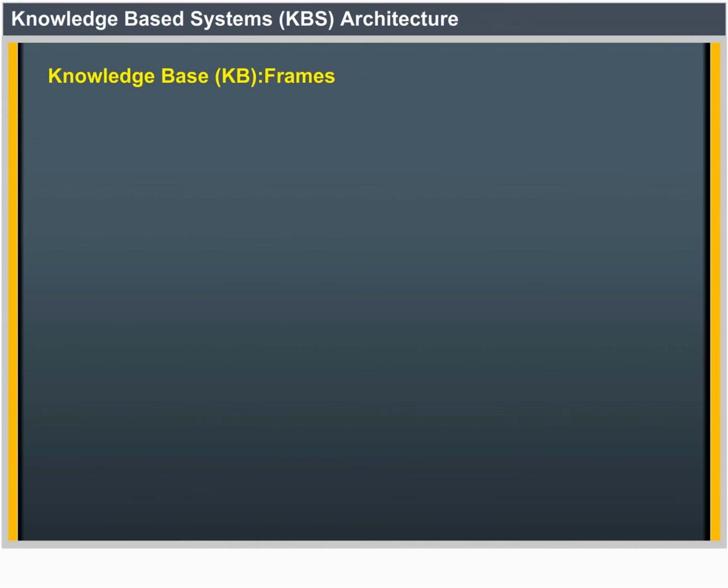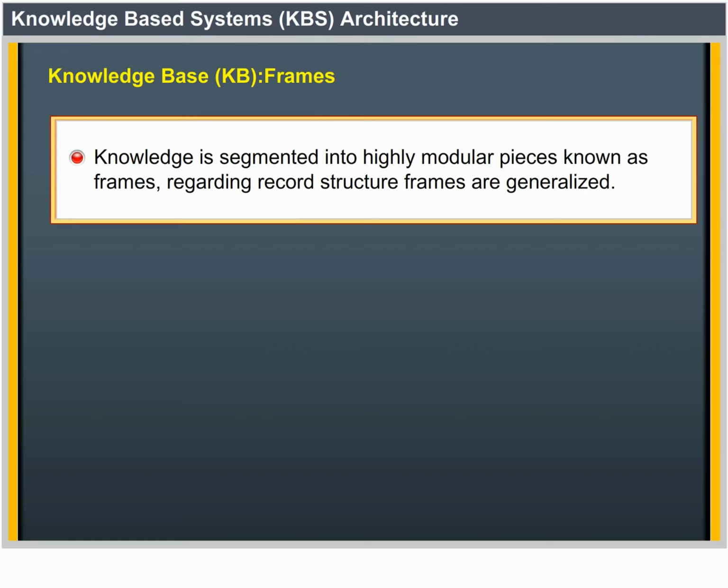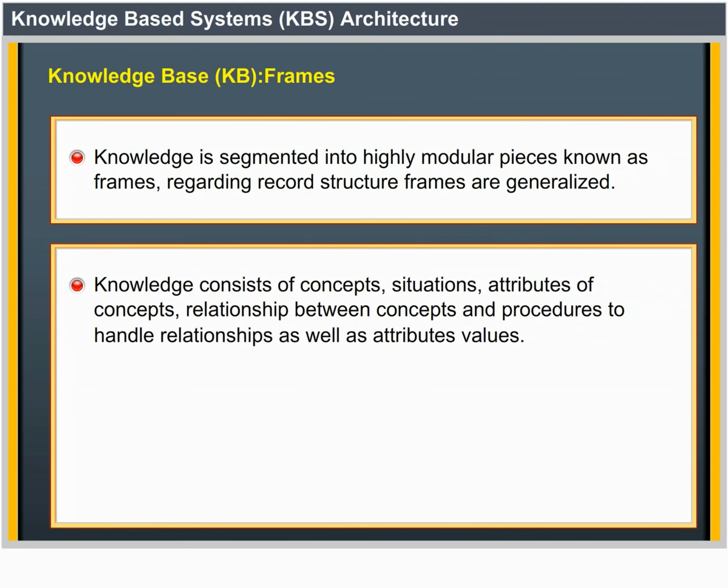Knowledge base (KB): frames. Knowledge is segmented into highly modular pieces known as frames. Regarding record structure, frames are generalized. Knowledge consists of concepts, situations, attributes of concepts, relationships between concepts, and procedures to handle relationships as well as attribute values. Each concept may be represented as a separate frame.